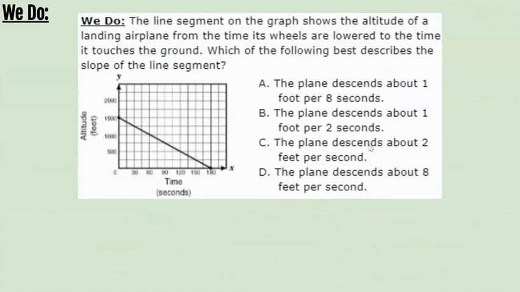So we're going to read through each one to see which one is correct. So the plane descends about 1 foot per 8 seconds. So we see that seconds is on the x-axis, and feet is on the y-axis. So in 8 seconds, it descends 1 foot.